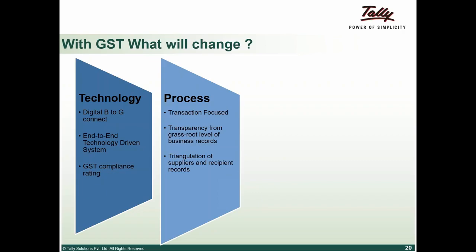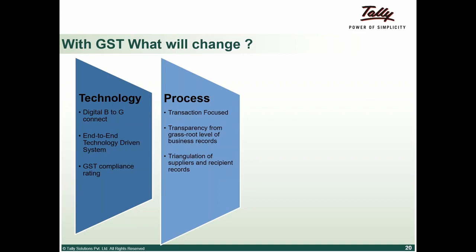The process, if you see, one is transaction focused, right? All my purchases and all my sales, what I'm recording and uploading, needs to be recorded and uploaded properly, because the other party is also going to upload that information, and that will get triangulated, or cross-verified, right? So that is number one.